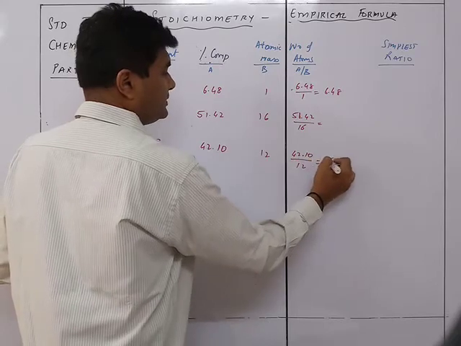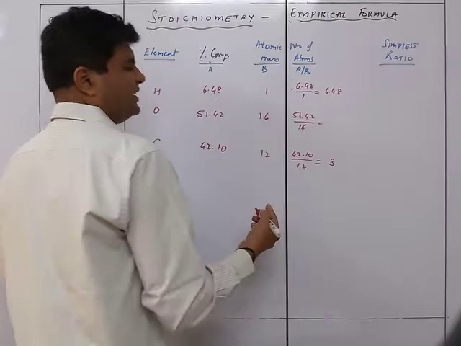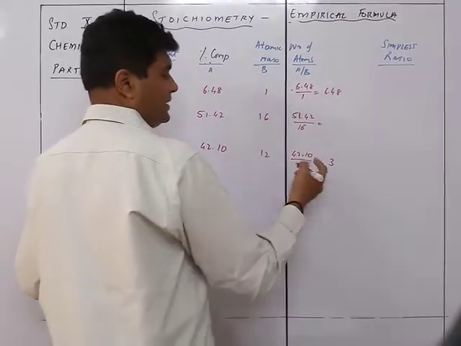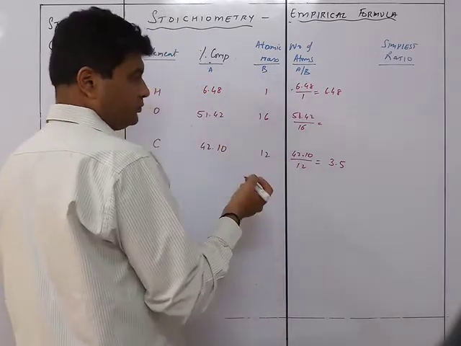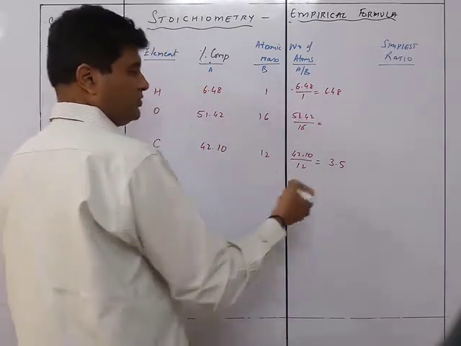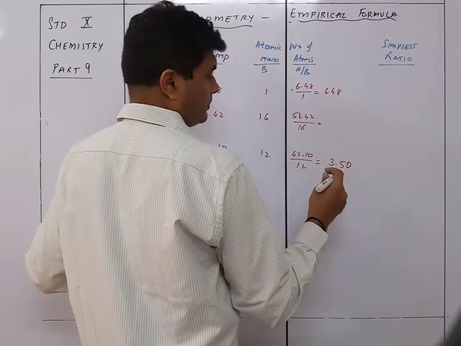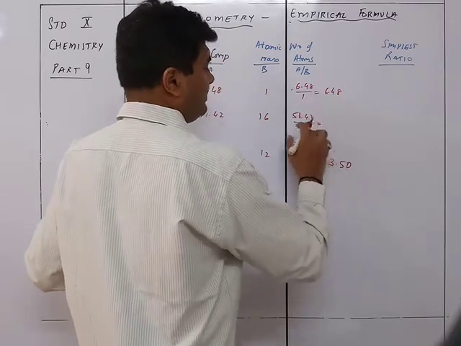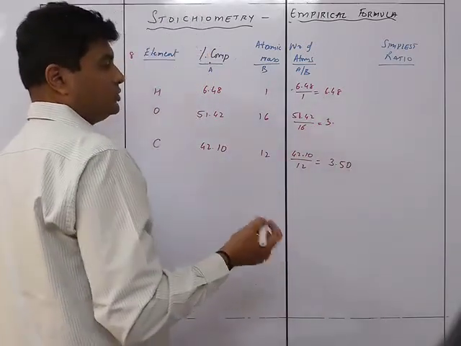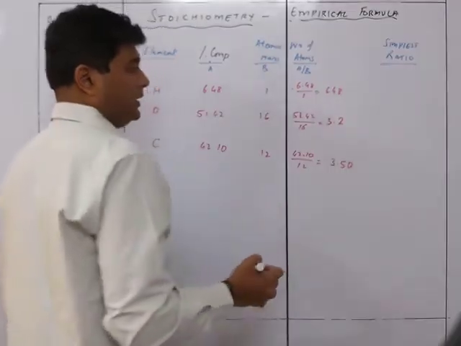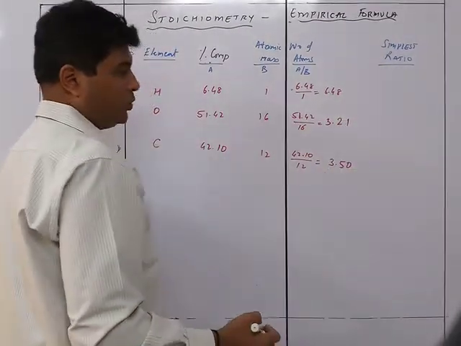So this will be 3.50. And for oxygen, 16 threes are 48, and then the remainder, so it comes to 3.21.